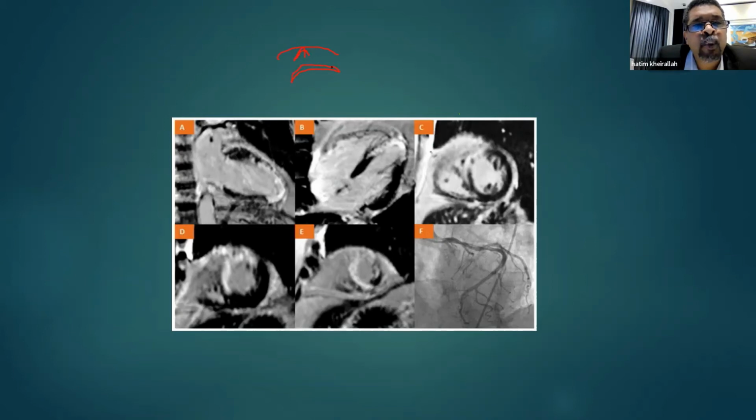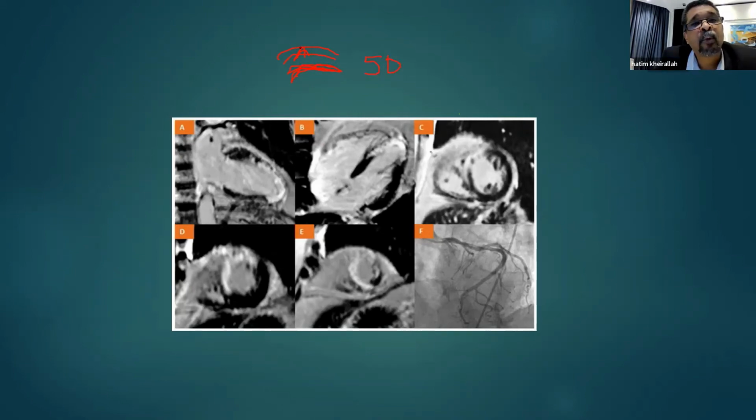So they evaluate how much delayed hyperenhancement there is. If it is only subendocardial, it is still viable. But when it occupies more than 50% of the wall thickness, it is so unlikely to be viable.